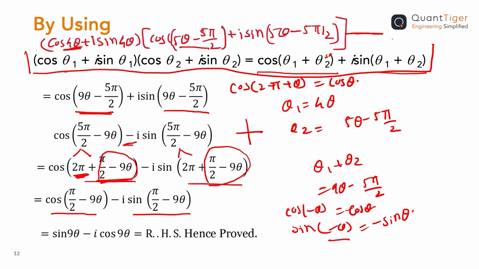So by using that formula we have written here, for this one, cos of pi by 2 minus 9 theta is equal to sin 9 theta, because here the value of theta is 9 theta. So I got this cos 9 theta, and this is what they ask us to prove. That's given in the question.